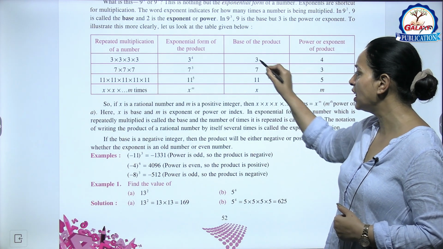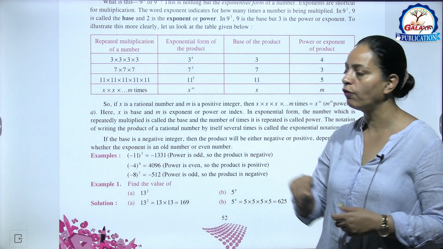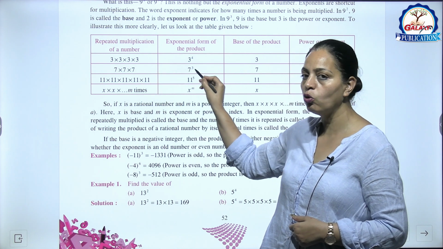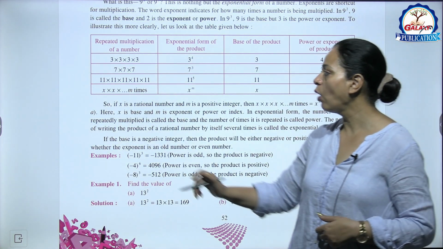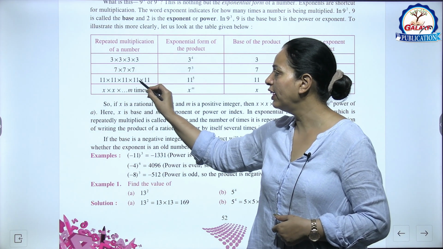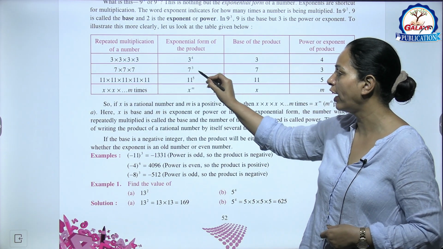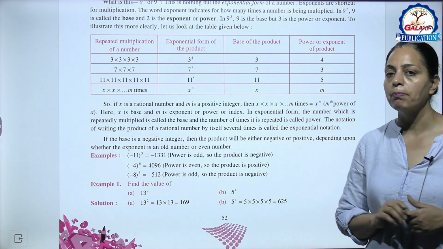So base is 3 and power is 4. This is the exponential form. Now next, 7 into 7 into 7, 7 cube. 7 is base and 3 is power. Now 11, 11, 11, 11, 11, 5 times. So 11 raised to the power 5, exponential form, 11 base, 5 is power.